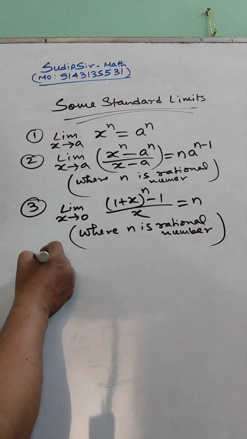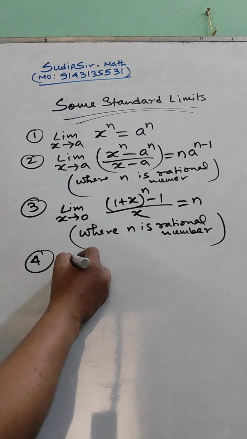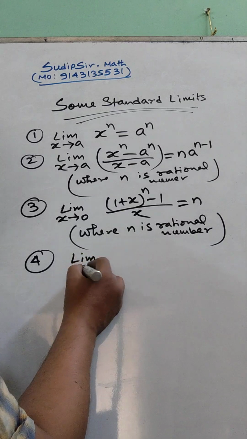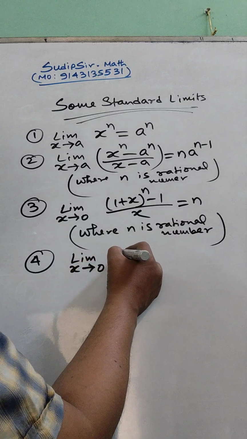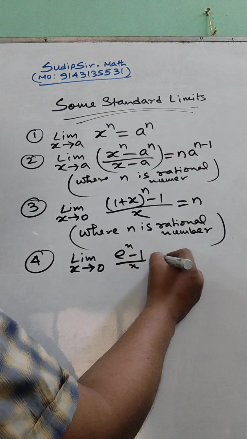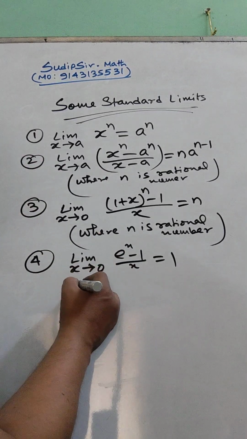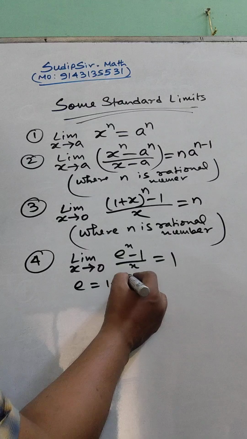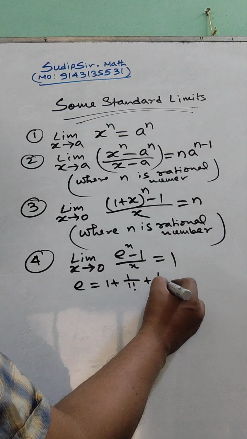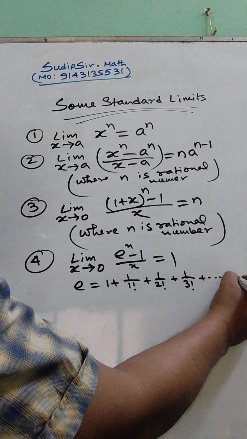Another thing, for the exponential: the limit as x tends to 0 of (e to the power x minus 1) by x will be 1, where e is an irrational number, e equal to 1 plus 1 by factorial 1 plus 1 by factorial 2 plus 1 by factorial 3 plus and so on up to infinity.